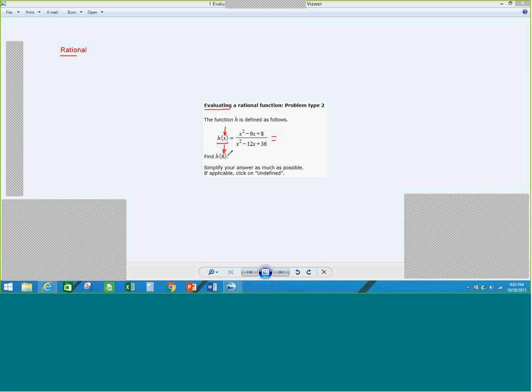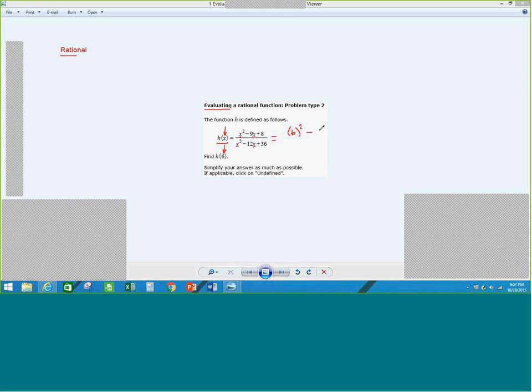So to evaluate rational expressions, we simply plug in or substitute the value 6 everywhere that we see the variable x. I see 4 locations where we'll use substitution, and I always use parentheses when I substitute in my values. Anywhere I see an x, I'm going to use parentheses and substitute in the value 6.